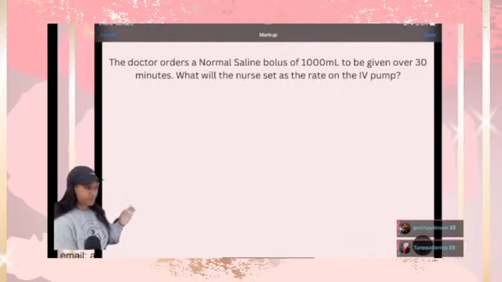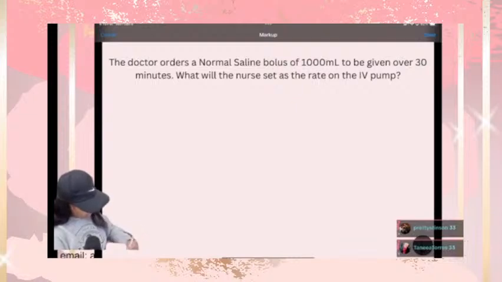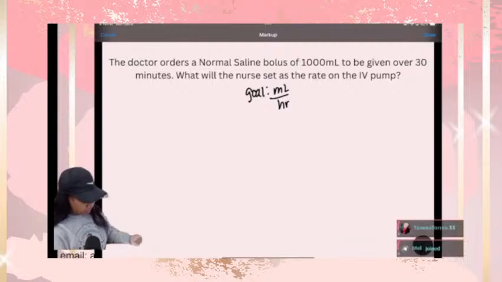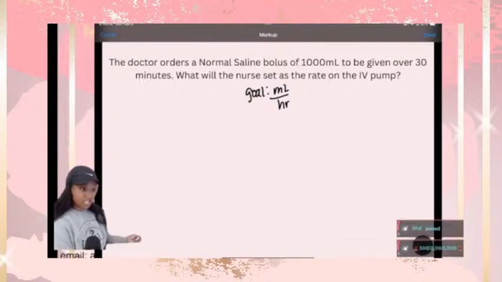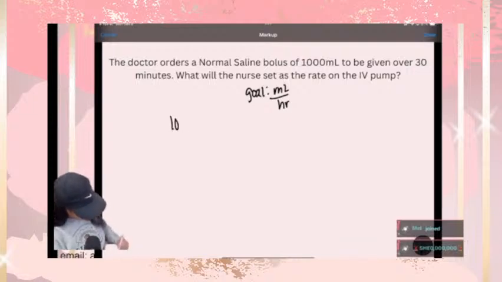All right. So milliliters per hour is going to be our goal, because remember, you can give an IV two ways. You can give it in a pump and you can give it via gravity. If you give it by gravity, you usually have the drop factor in the problem. This is an IV pump, so that's your golden ticket to know, hey, milliliters per hour. So 1,000 milliliters over 30 minutes.